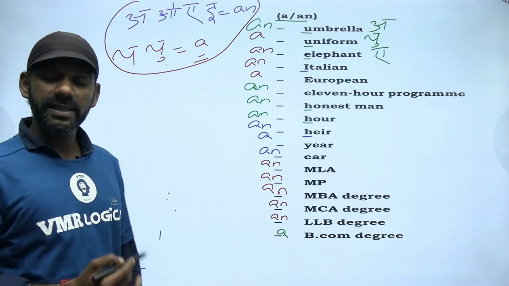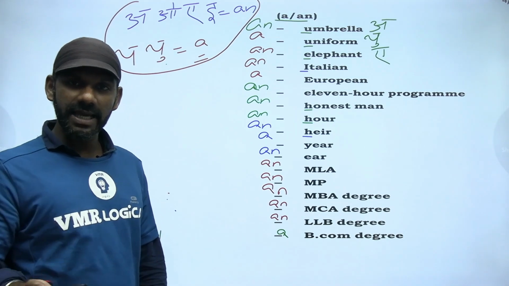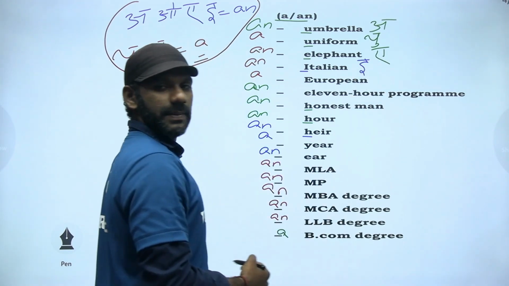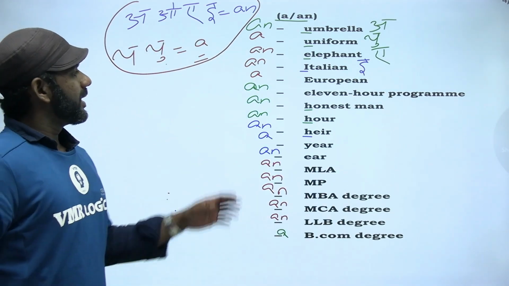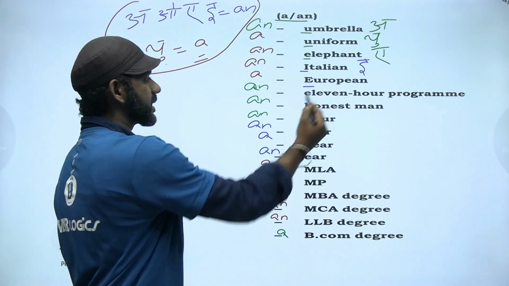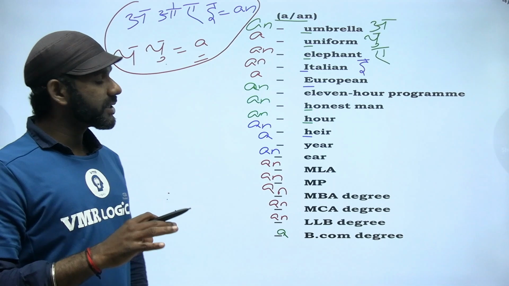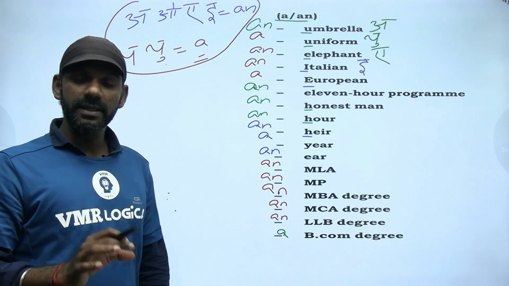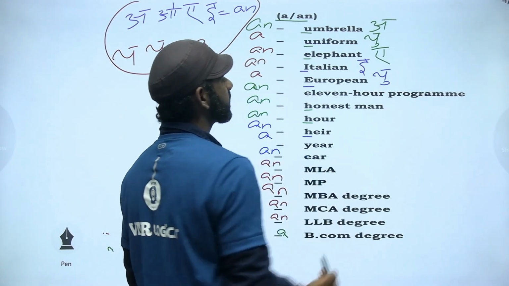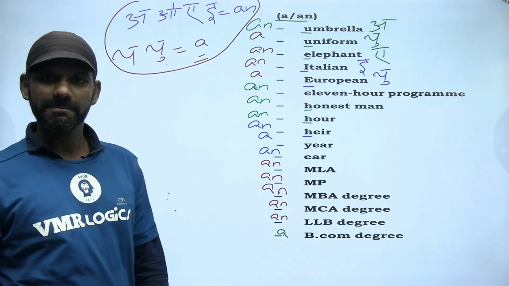This word is pronounced as Italian. The first sound is E, so it must be an Italian. Dash European. E is a vowel letter. Forget it. This word is pronounced as European. The first sound is Ya, so it must be a European.